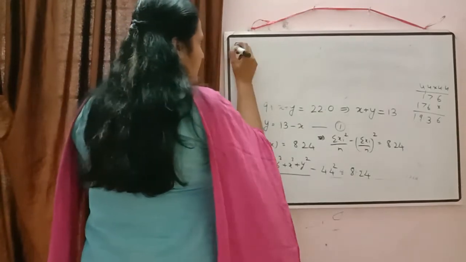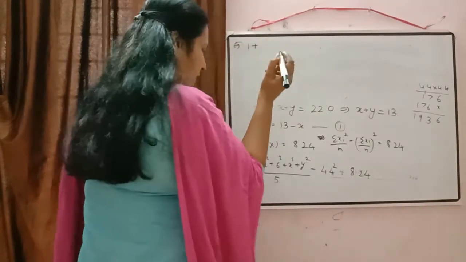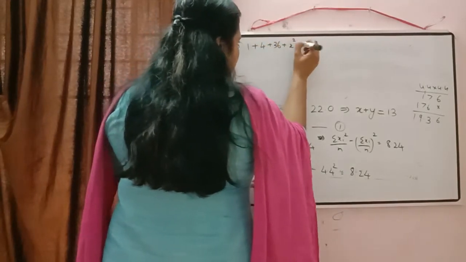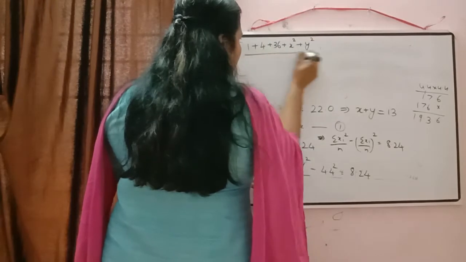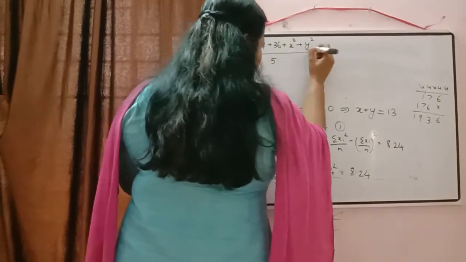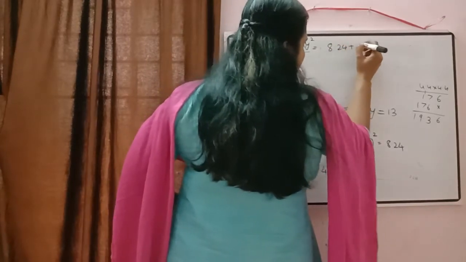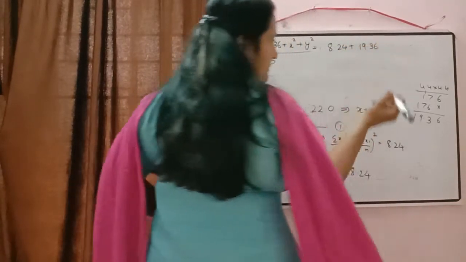So here it will be equal to, now the left hand side, (1 + 4 + 36 + x² + y²)/5 = 8.24 + 19.36.